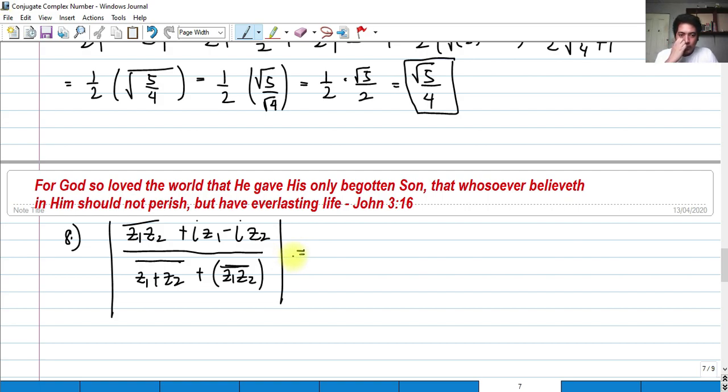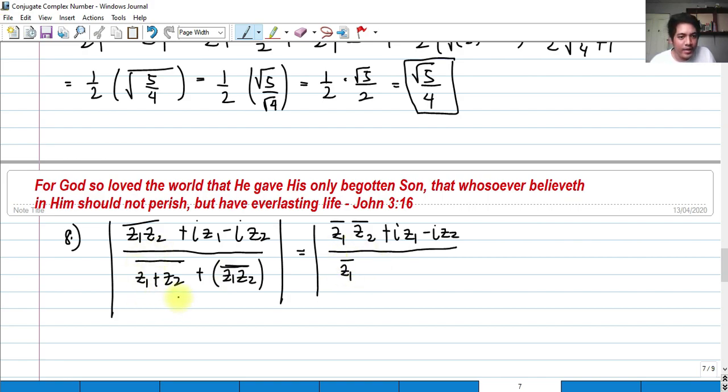So what we are going to do is use the properties of conjugate here. The conjugate of the product of z sub 1 z sub 2 can be rewritten individually as the conjugate of z sub 1 multiplied by z sub 2 plus i z sub 1 minus i z sub 2, all over z sub 1.